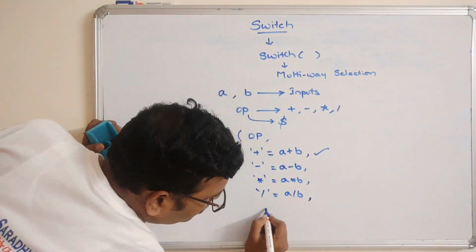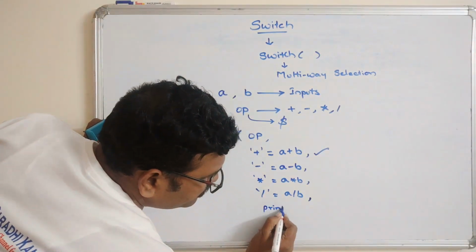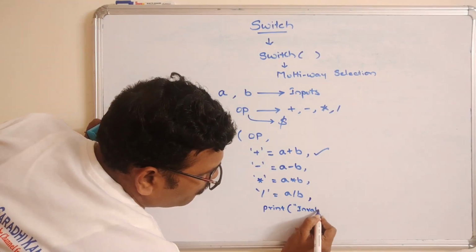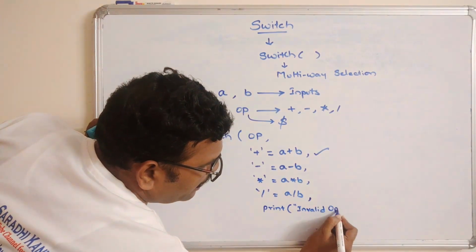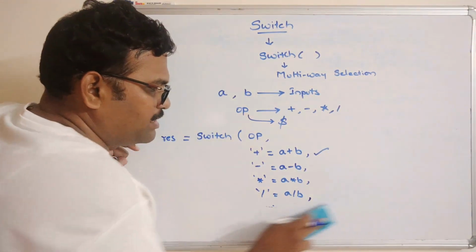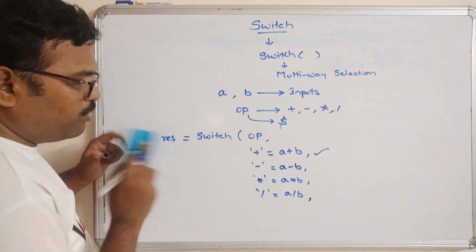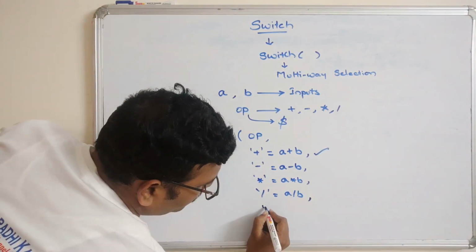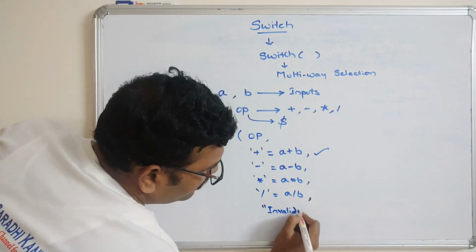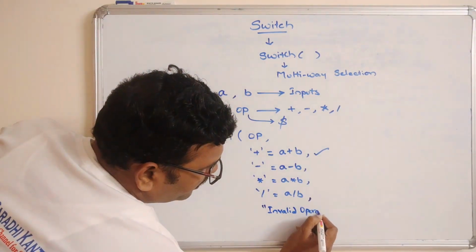So I will write here print invalid operator, or simply, since we are already assigning to result, here we can write in double quotations invalid operator.